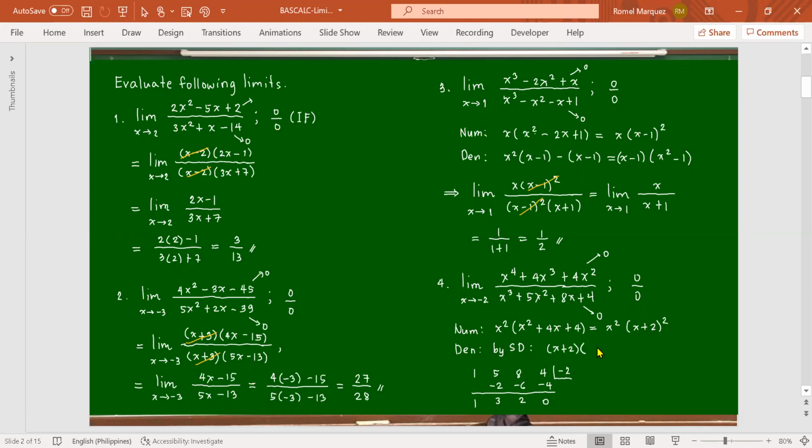The other factor, x squared plus 3x plus 2. Tingnan nyo, napafactor pa ba to? Anong factor niya? x plus 2, times x plus 1. Okay, pakicheck na lang guys, ha? So therefore, this limit, we can rewrite. Tandaan nyo yung factors, ha?